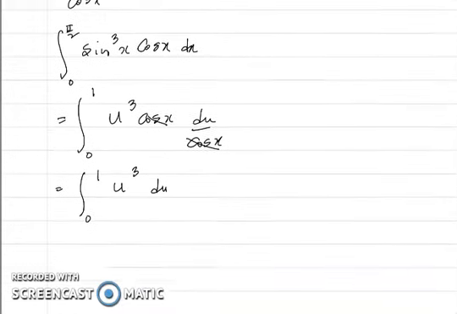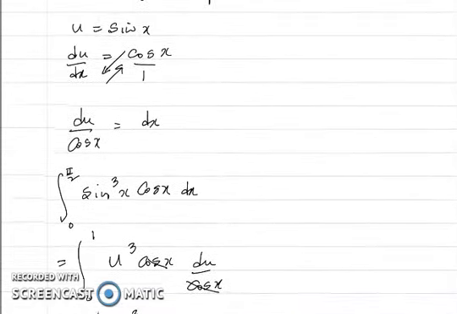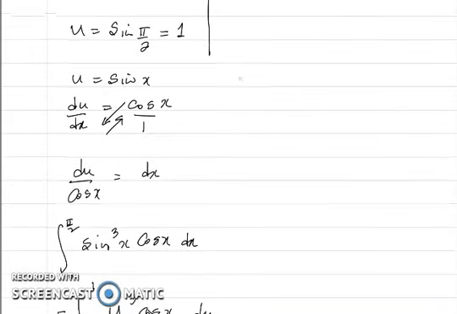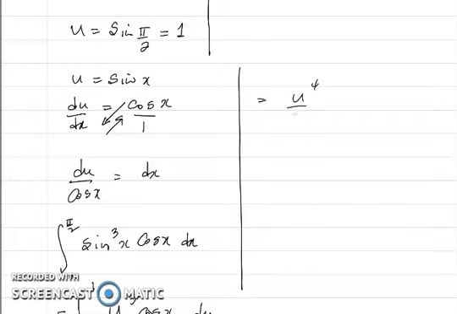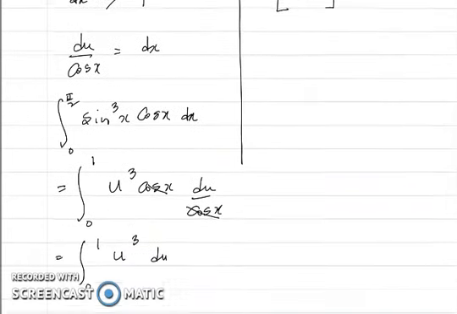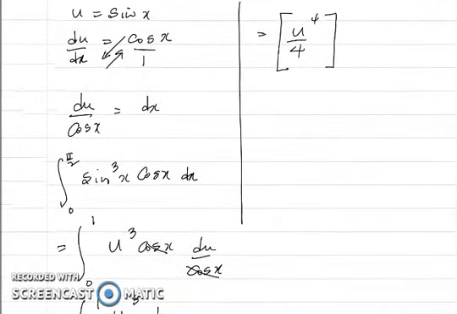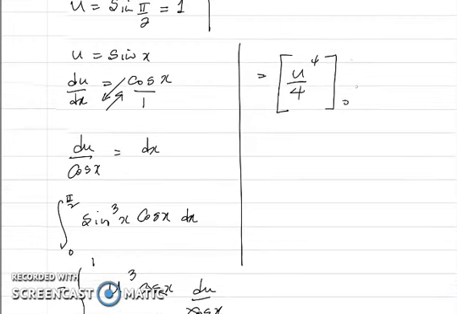All right, so if I integrate that, I'm going to end up with u to the fourth divided by 4, and my limits are from 0 to 1.